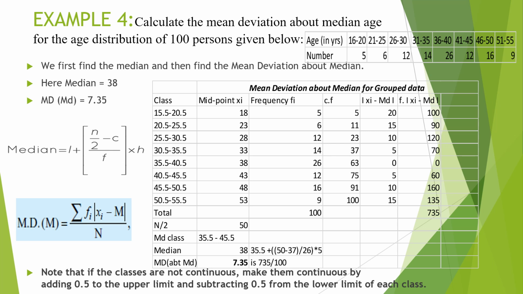Multiply this value by the corresponding frequency: for the first class 20 into 5, next class 15 into 6, and so on. Take the summation. In the formula, the mean deviation about the median is this summation upon n, that means 735 upon 100, which is 7.35. So the answer for this example is: mean deviation about the median is 7.35.